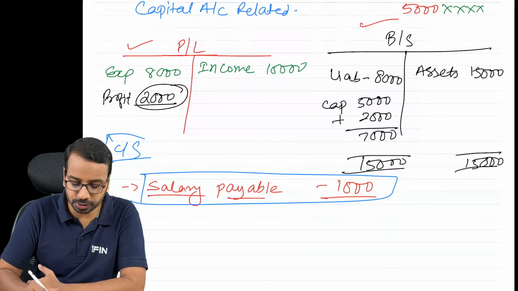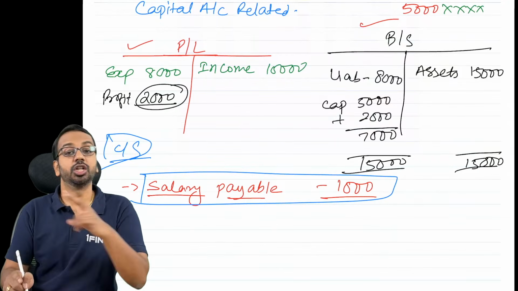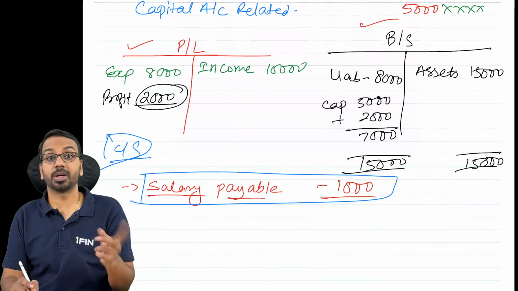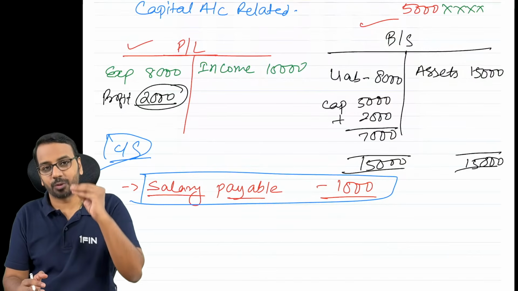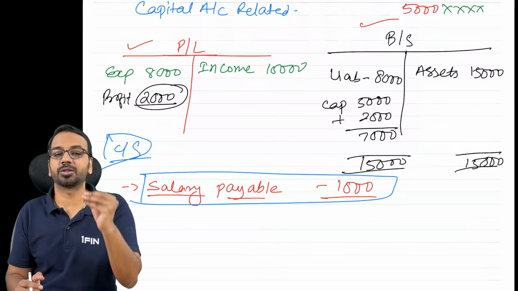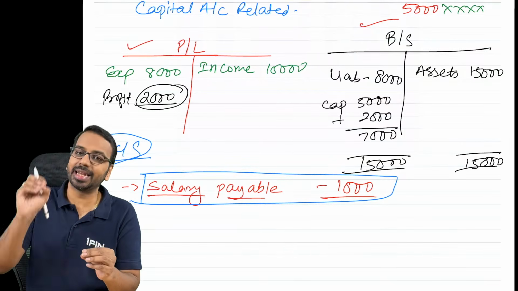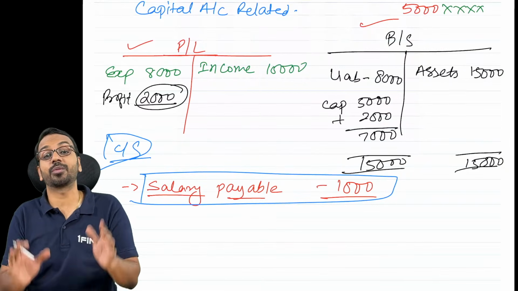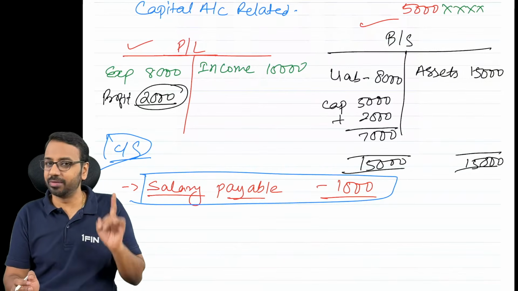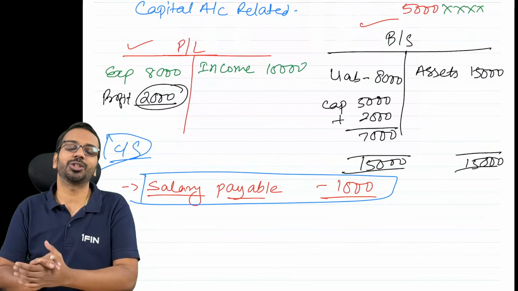But sir, what if closing stock is given in the trial balance? Then we have already adjusted the purchases, and hence that item of closing stock will come only once. And where will we show it? In the balance sheet only.